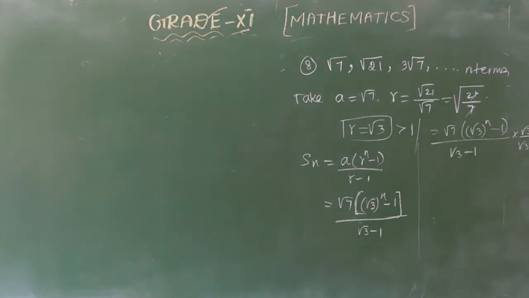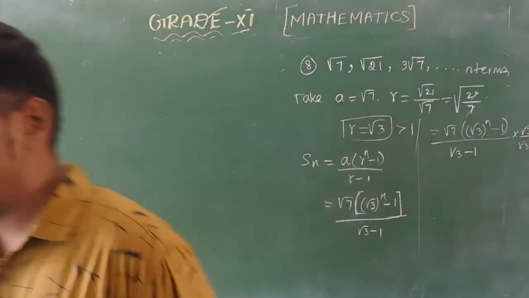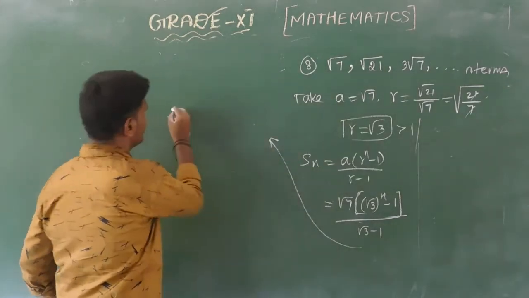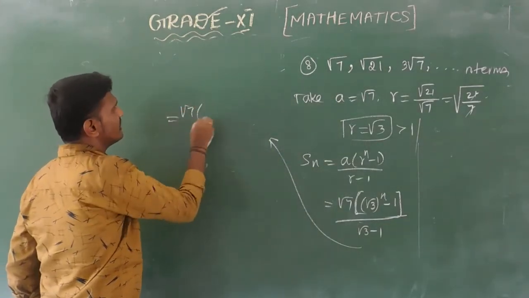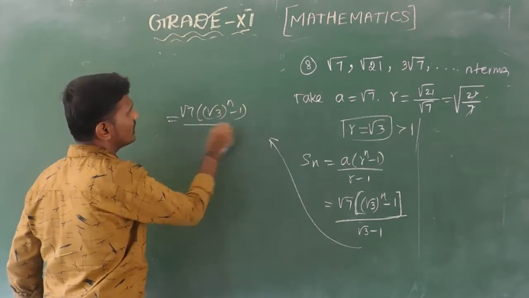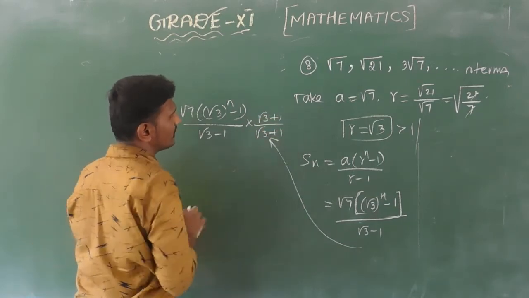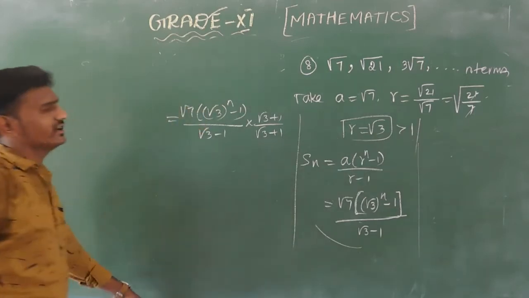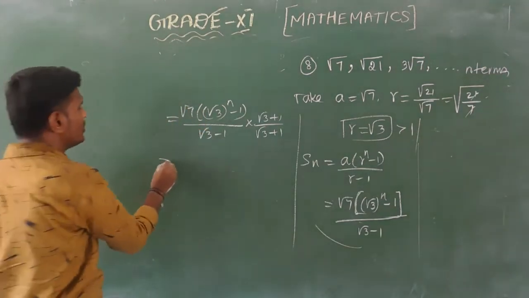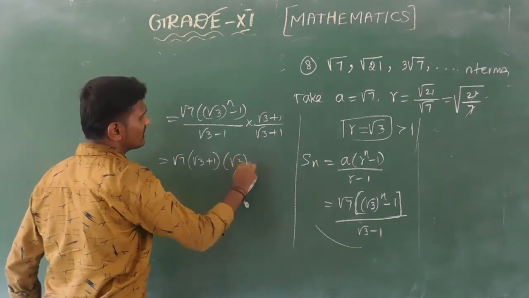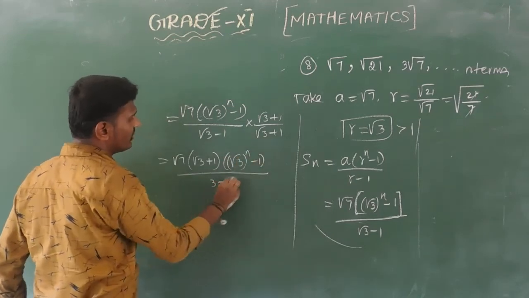Okay. Now I am going to multiply this to get root 7 into root 3 plus 1 into root 3 the whole power n minus 1 divided by 3 minus 1.